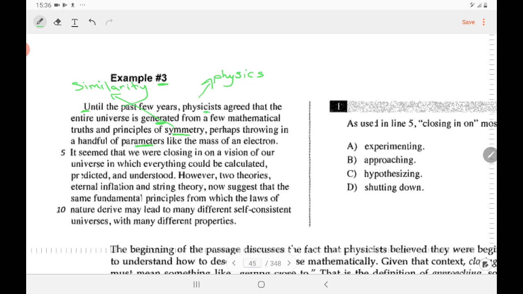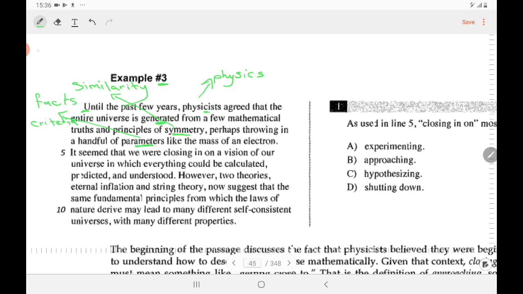A parameter, you can say here, is a guideline, a fact, a criterion. So you can say facts and criteria. The guidelines that they use, like the mass of an electron.